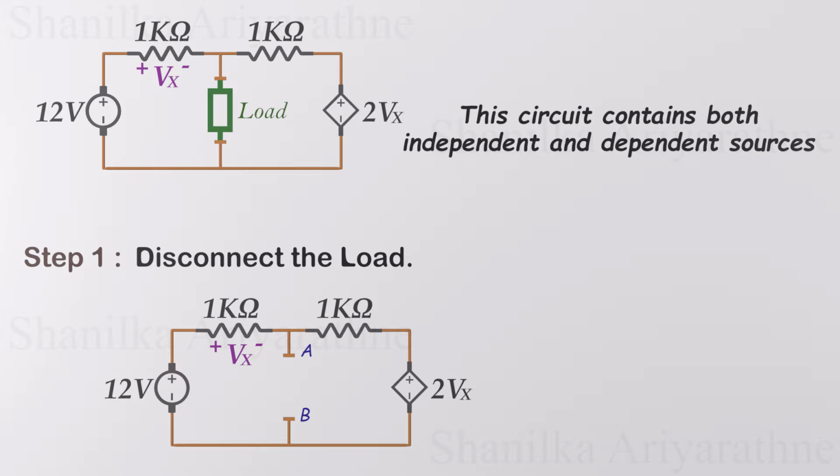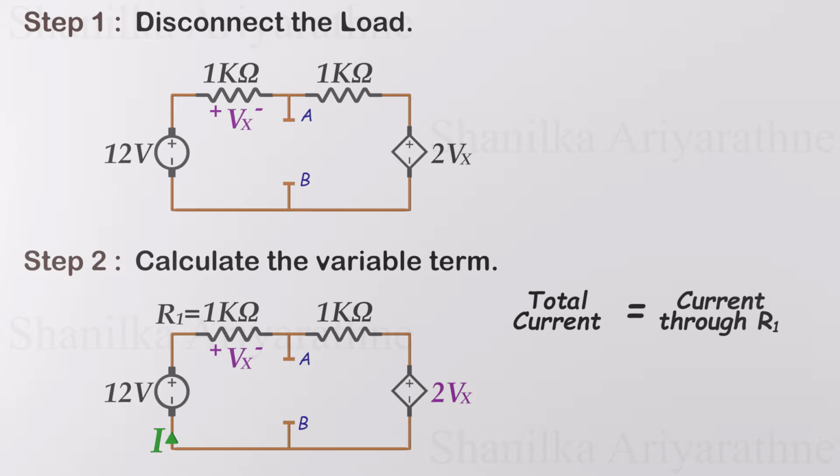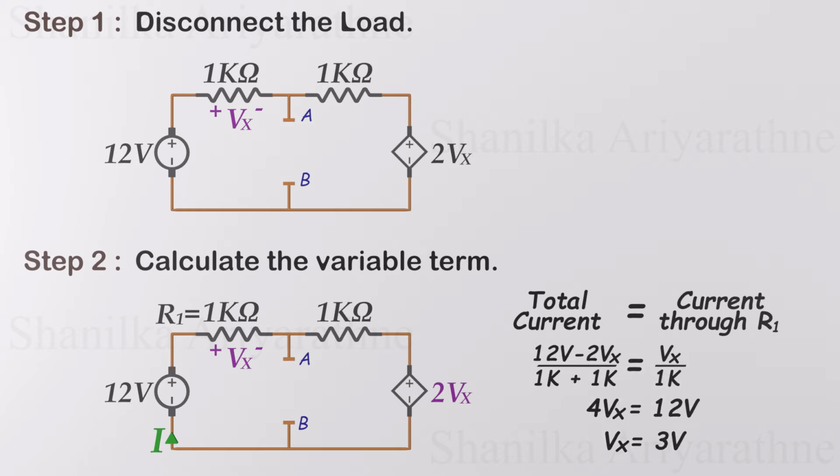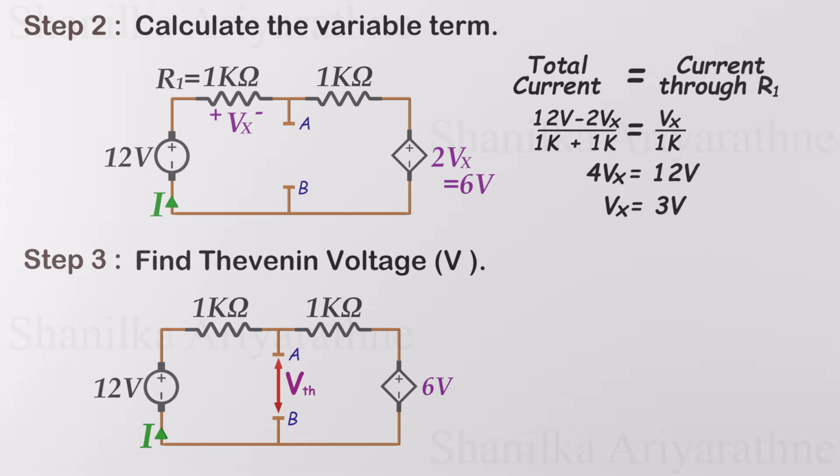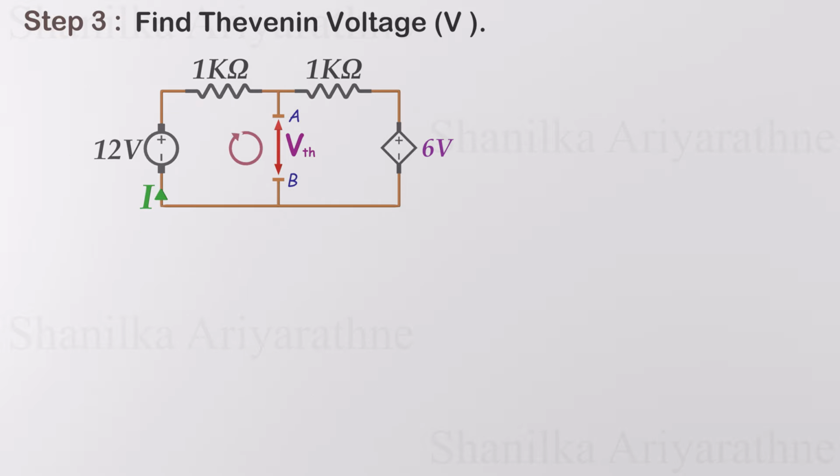The total current flowing through the circuit is equal to the current flowing through the resistor R1 and any other resistors in the loop. Using this relationship, we can calculate the value of the variable. Vx is equal to 3 volts, so the voltage supplied by the variable source is 6 volts. Now we can find the Thevenin voltage by the usual circuit analysis methods. I'll apply the KVL around the loop.